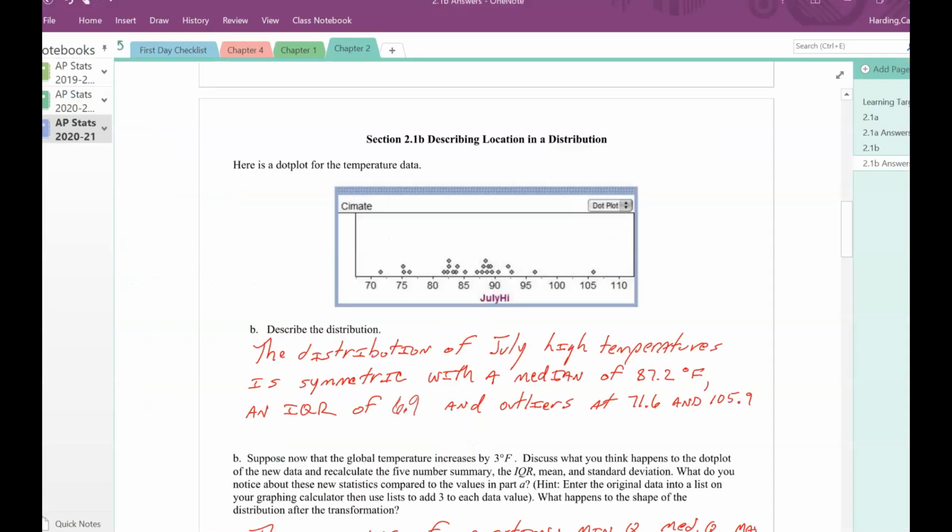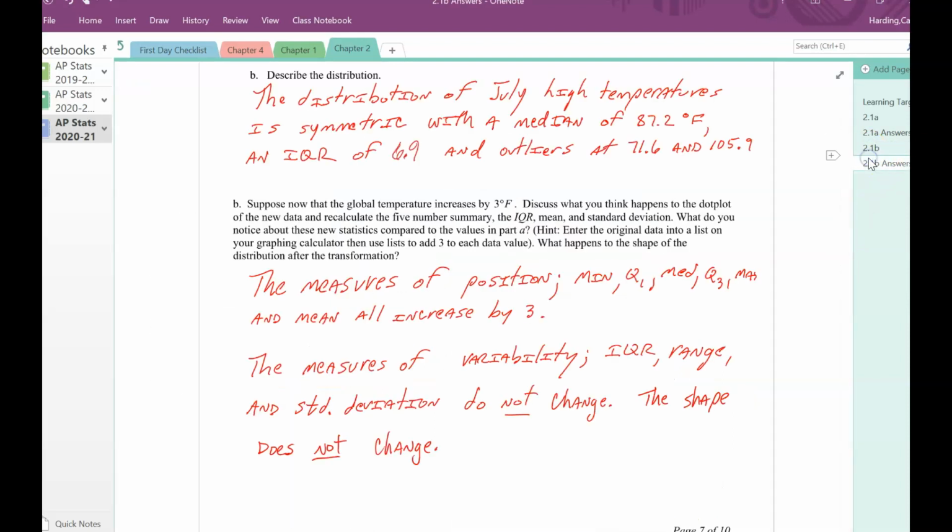Hopefully that should make sense to you. If everything is just shifted up 3, the distance between points hasn't changed. So we talk about the measures of position, which are the minimum, the median, the maximum, Q1, Q3, the mean. All of those things change by 3. Excuse the screen flipping there.